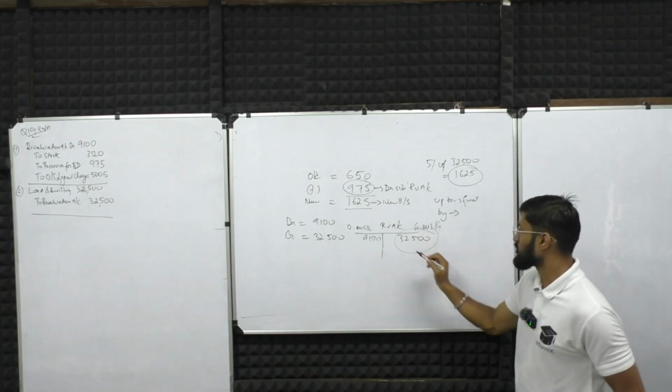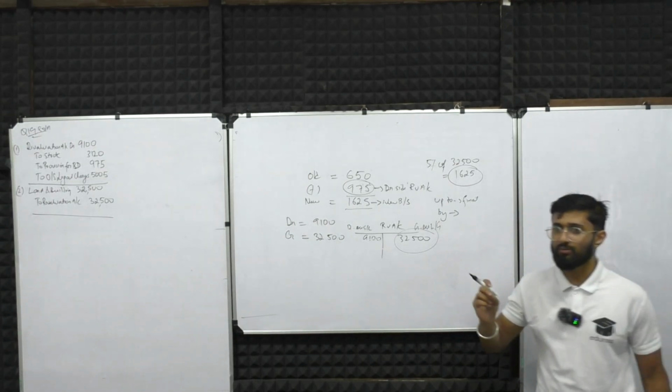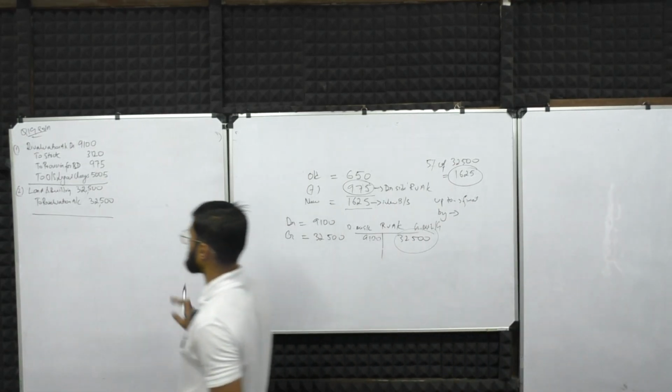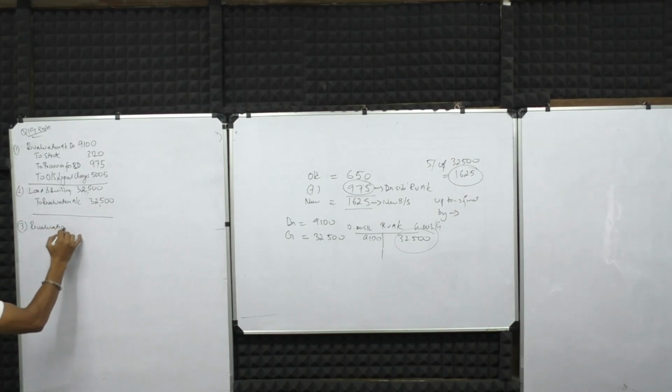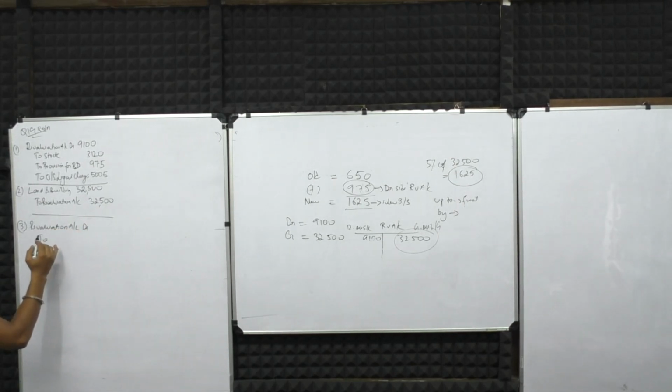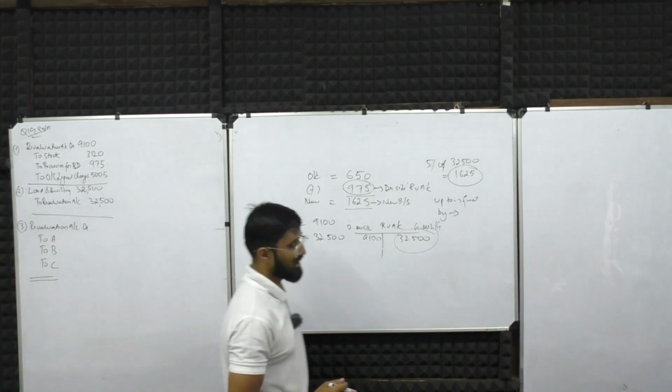So we will have a profit on revaluation. Entry number 3: revaluation account debited to partners A, B and C. Being revaluation profit transferred to A, B and C's capital accounts.